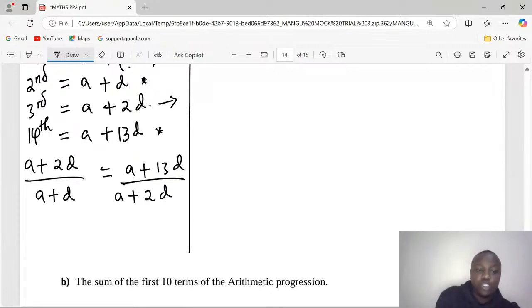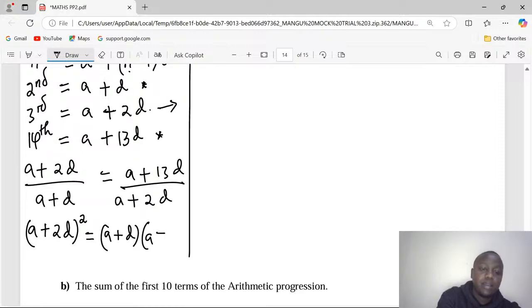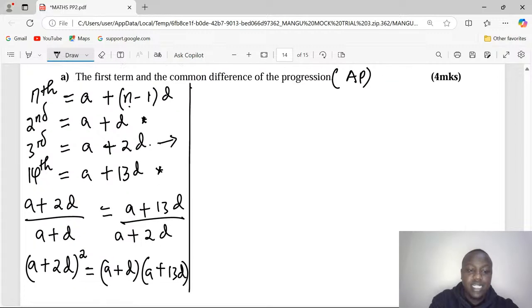Now we can cross multiply and have A plus 2D multiplied by A plus 2D, which makes it squared, equal to A plus D multiplied by A plus 13D. Now we can expand and have A squared plus 4AD plus 4D squared.